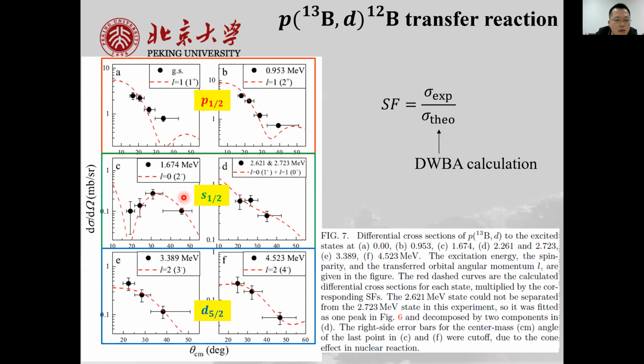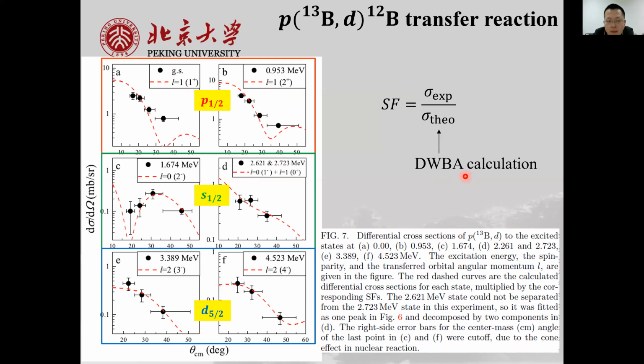This is the differential cross section for the ground state and the first excited states. We have 4 points, and for the other, due to the limitation of acceptance, we have only three points. The best fit lines are theoretical cross sections calculated with DWBA.